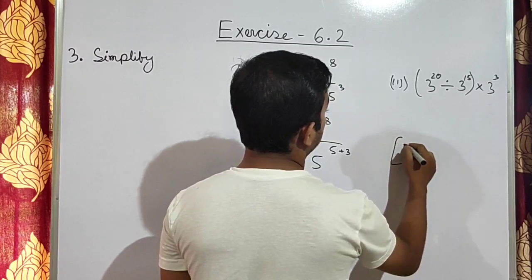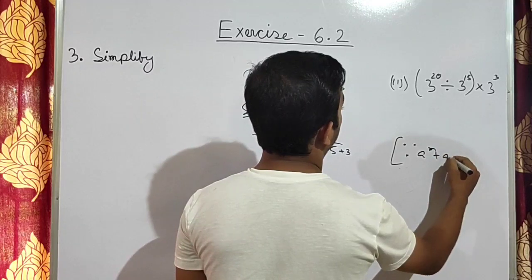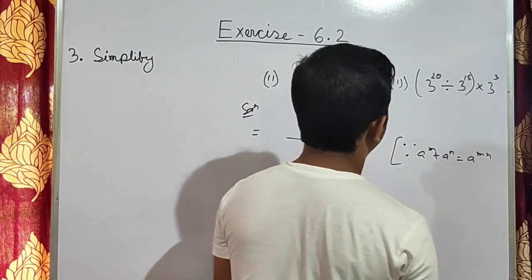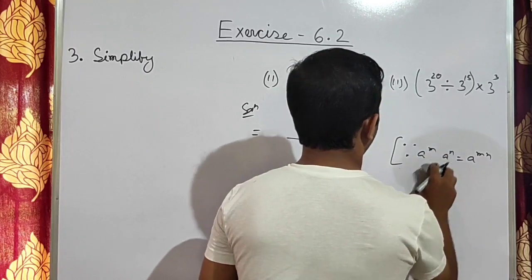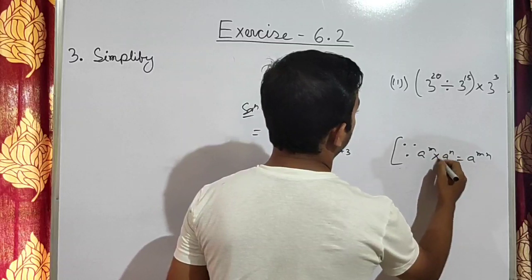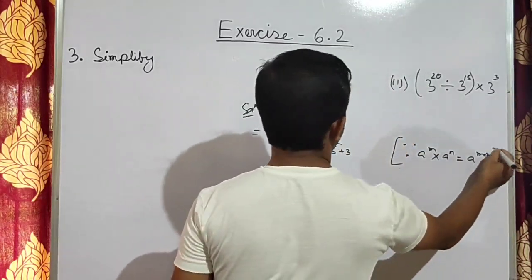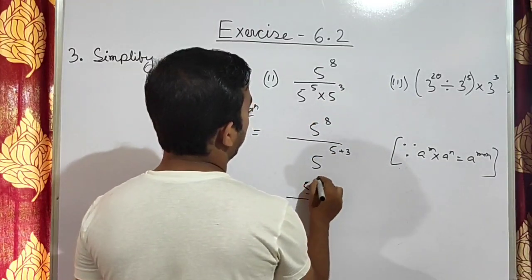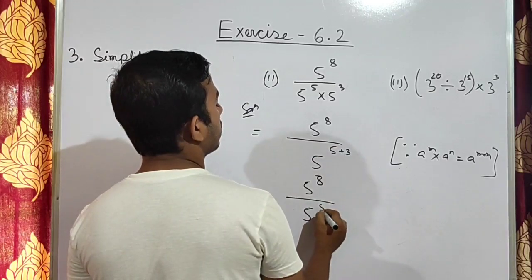We will write since a to the power m into a to the power n, it will be m plus n. Clear? Okay. So it will be 5 to the power 8 by 5 to the power how much? 5 plus 3, it is also 8.